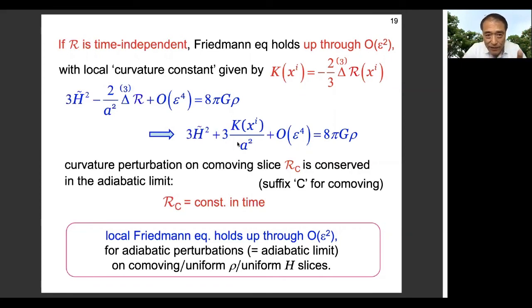Then this kind of separate universe approach, that next door physics will not affect what you are solving, is valid until the sound horizon. If c_s squared is small, then you can go down to smaller scales. But that's a very special case, which doesn't happen very often.